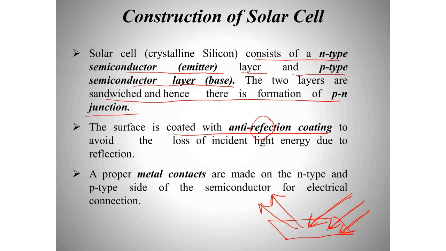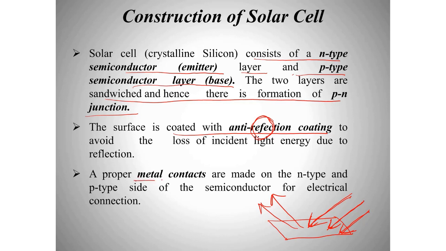So the surface is coated with one kind of anti-reflection coating so that the loss of this incident light energy is avoided. The more of the sunlight's energy that is absorbed, the more the efficiency of that solar panel will be increased.